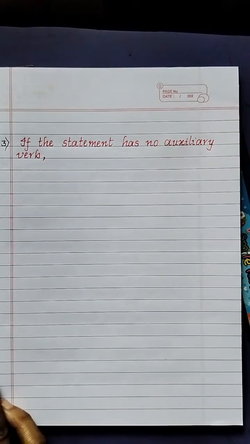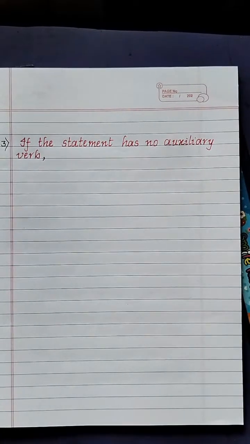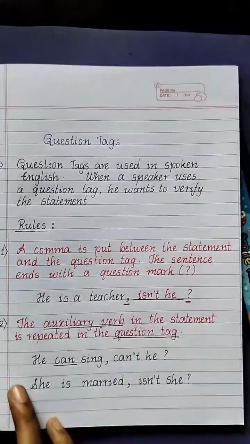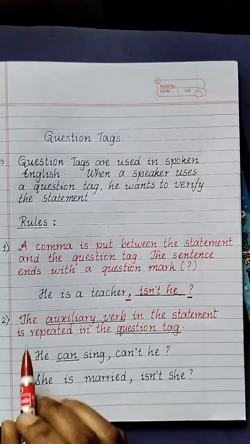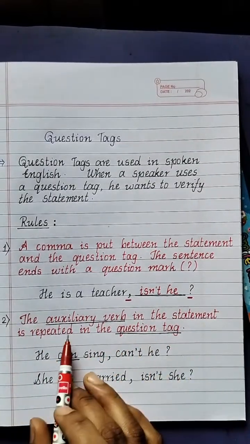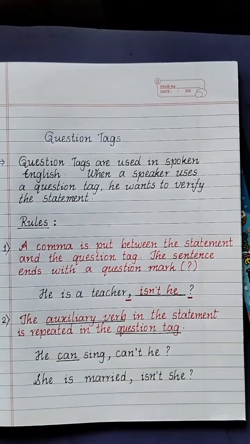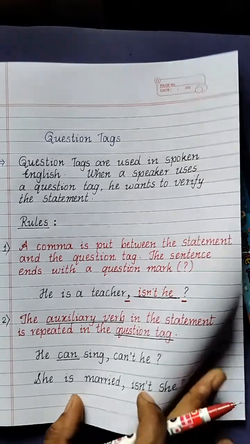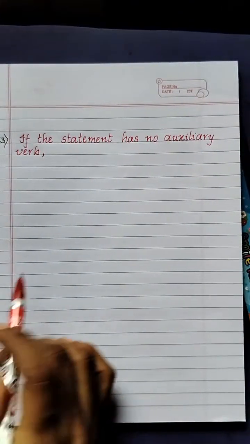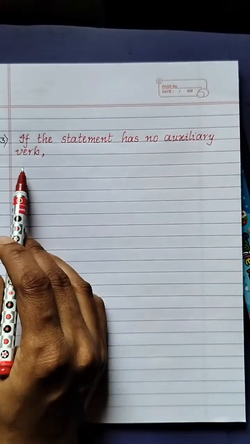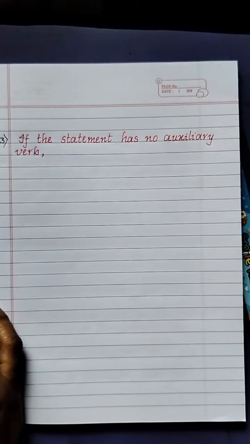If the statement has no auxiliary verb, okay, in the second rule we learned that if the statement has an auxiliary verb, then we use the same verb in the question tag also. Now the third rule says that if there is no auxiliary verb in the statement, then what to do?